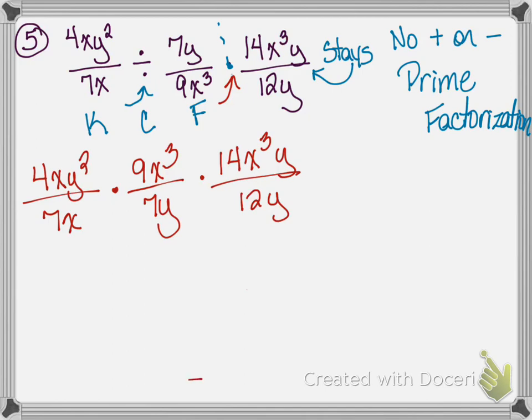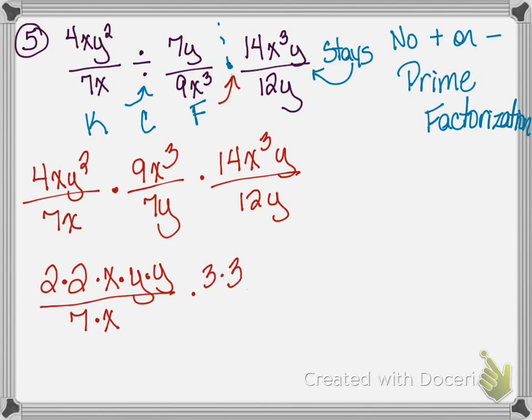So 4 becomes 2 times 2. Then I have x times y times y. Okay? Then I have 7 times x. I'm going to break 9 and x to the third down. So I have 3 times 3. 3 times 3 is 9.